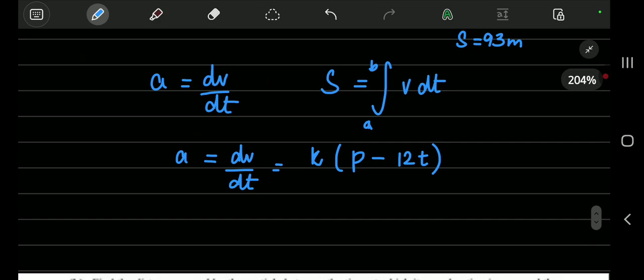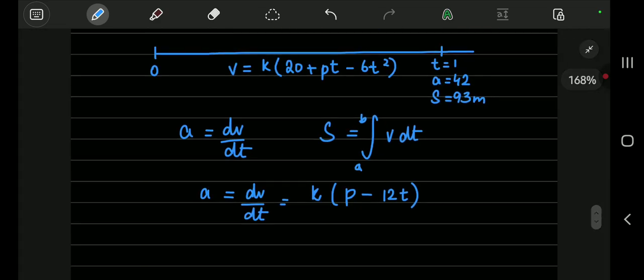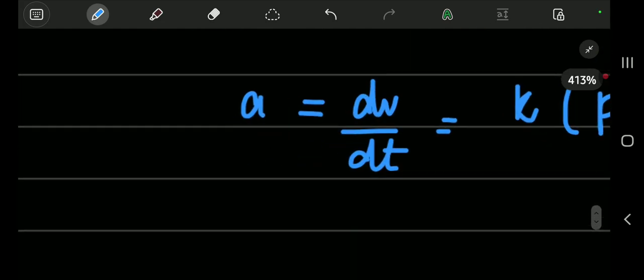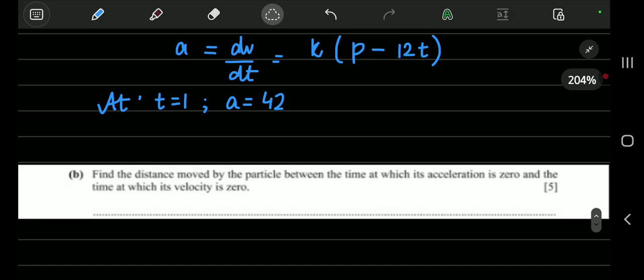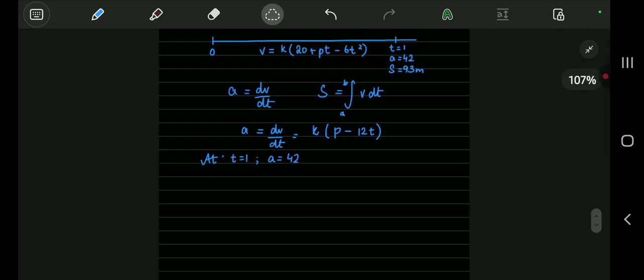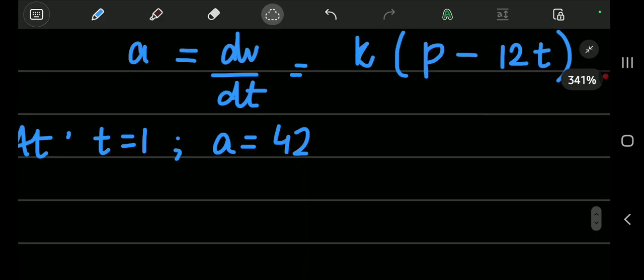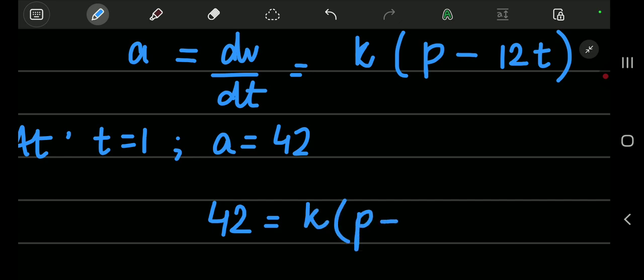So this is your acceleration. What is the given acceleration? The acceleration is 42 at t equals 1. So let's substitute that. This is your first equation.